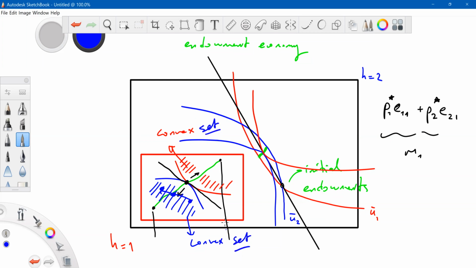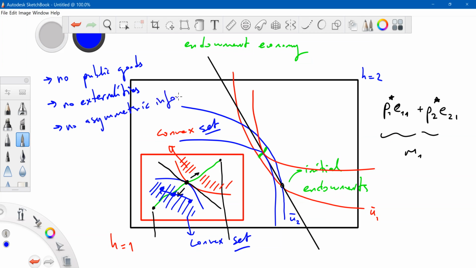All right. But what are the other preconditions? First, no public goods. Second, no externalities. Third, no asymmetric information. And finally, no missing markets.